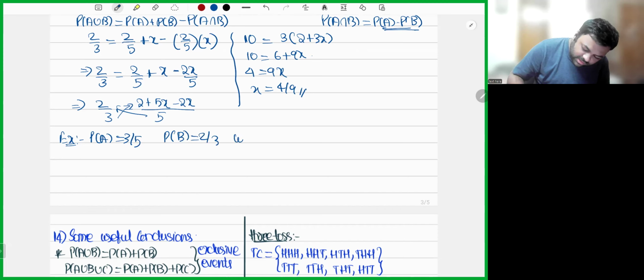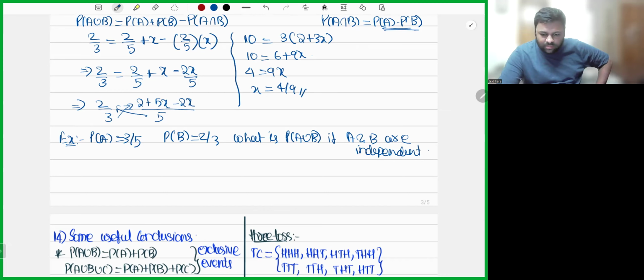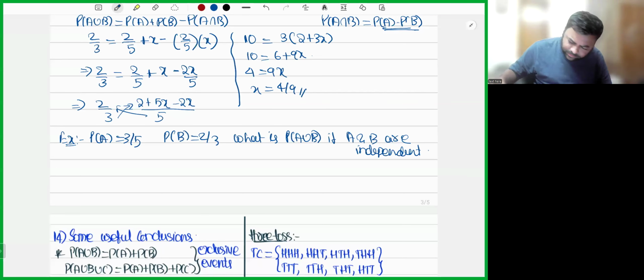I'm asking what is P of A union B if A and B are independent. I'll give you 1 minute. Just try this and tell me what is the answer. So I hope you got the answer.